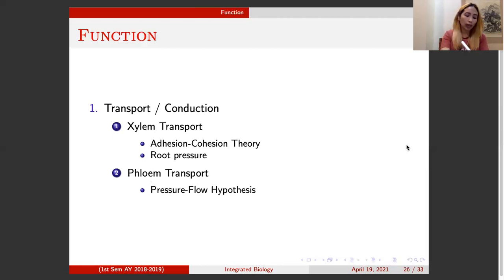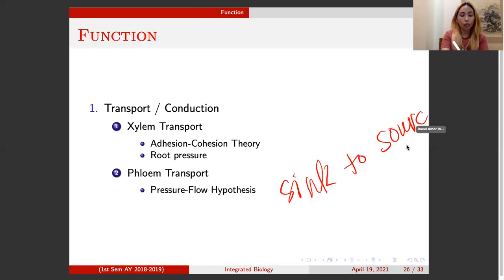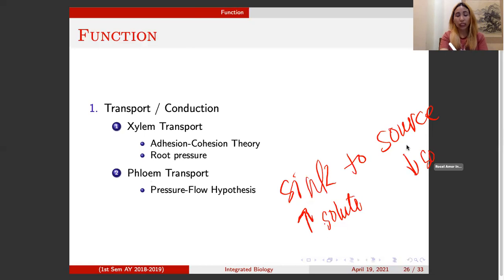This time naman, we have what we call the sink to source movement, no, or flow, kung saan the sink has higher, right? It has higher concentration of solutes, right? And the source has lower concentration of solute. Kasi ang tinatranslocate natin sa phloem ay solute.